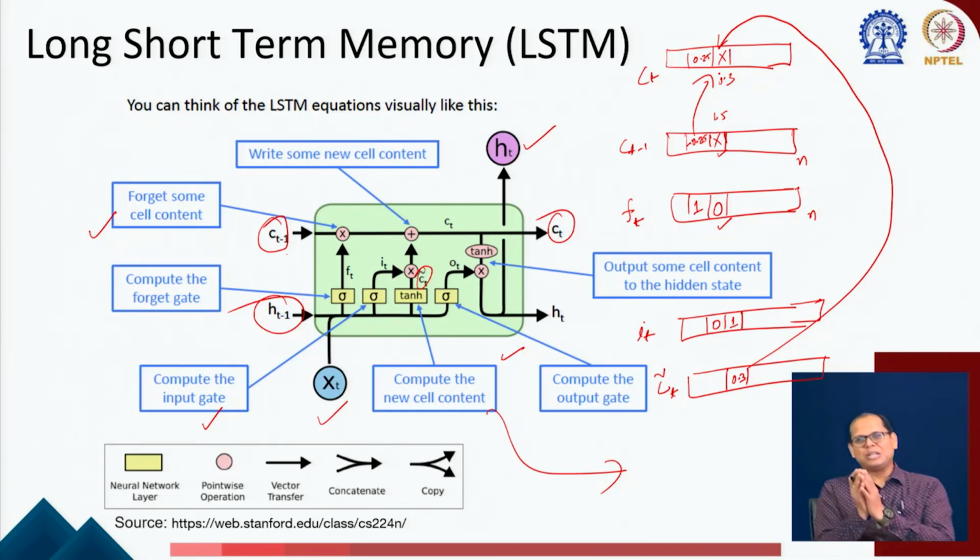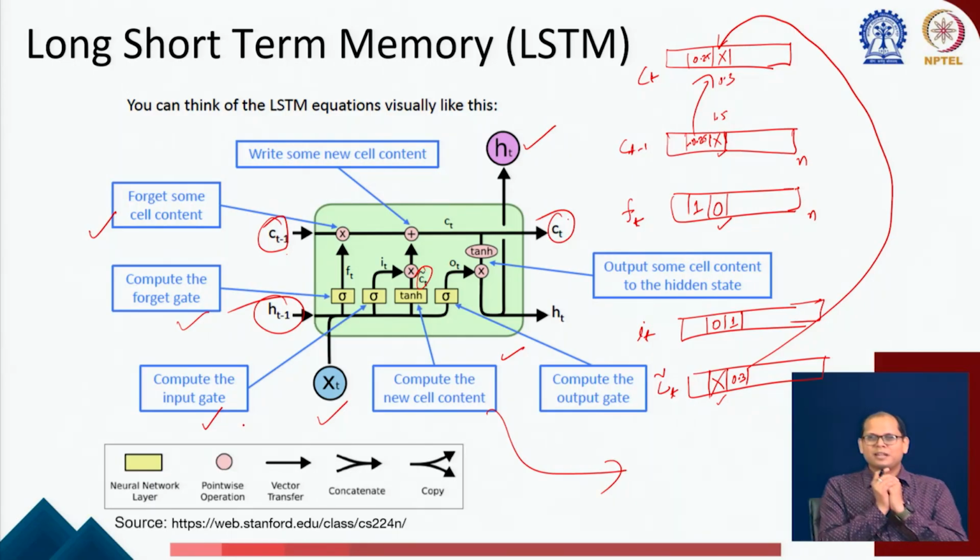The input gate will tell you, okay, if it is 1, it will completely take the new information. If it is 0, that means whatever new information you computed will not go into CT. Input gate and forget gate control what part of the previous cell state you will retain and what part of the new information you will capture in your CT. That is how you get your CT, by using the forget gate and input gate.